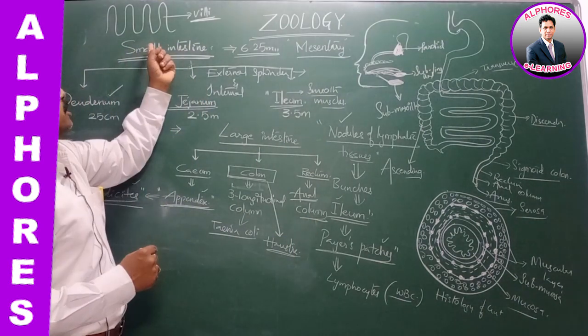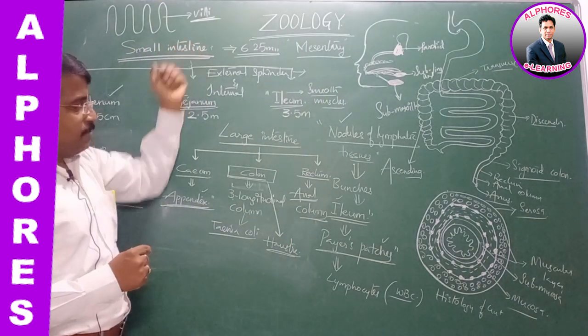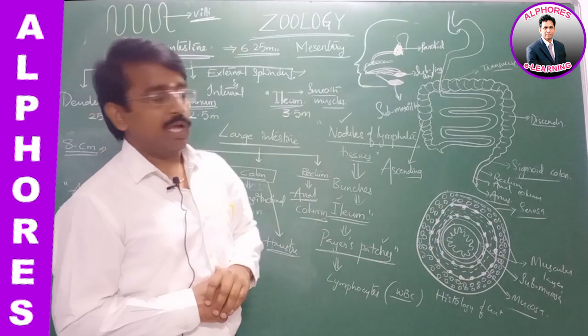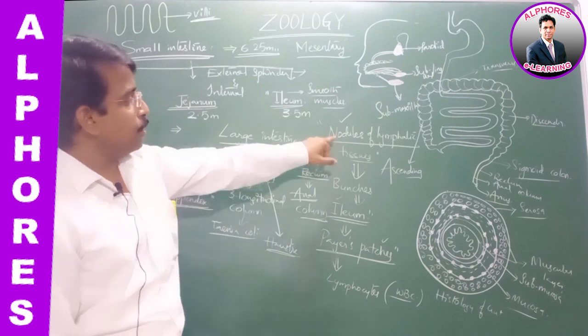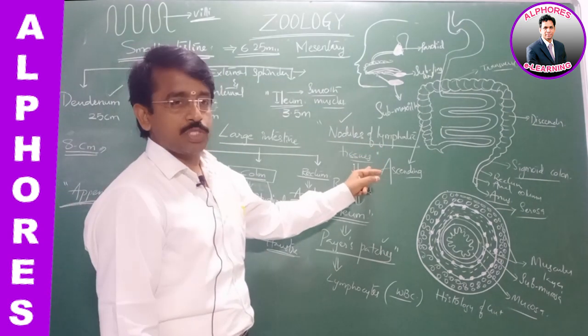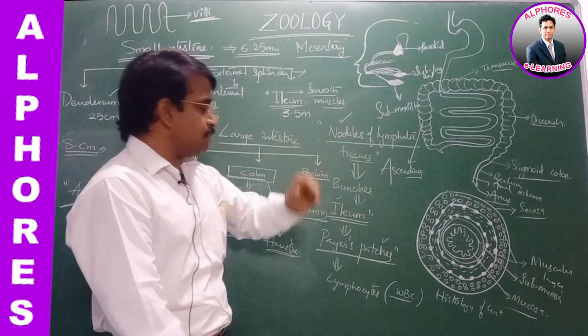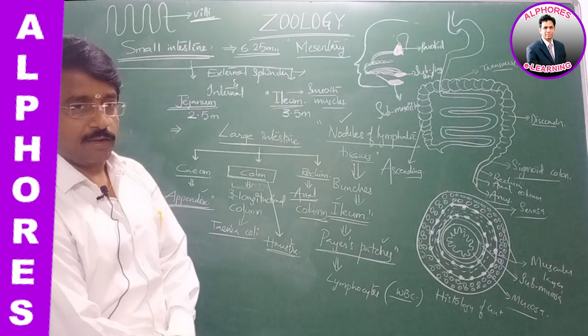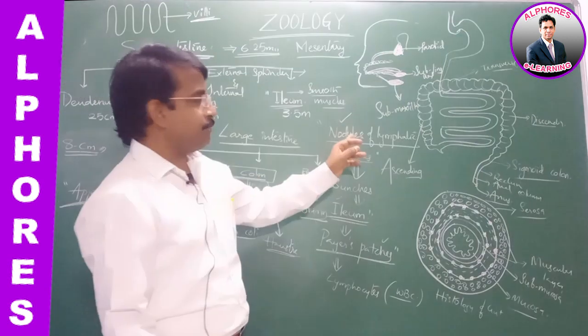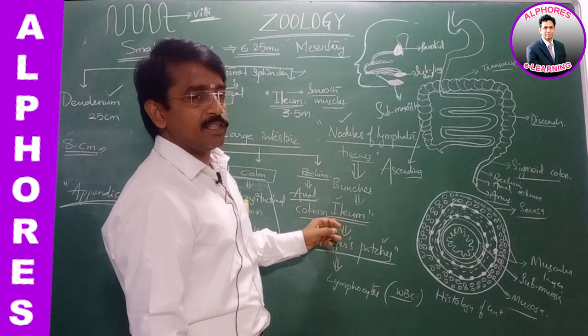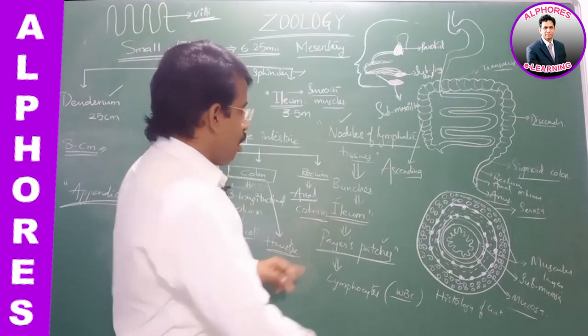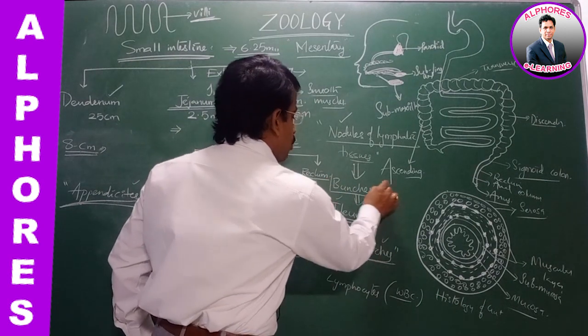Next, in the small intestine, there are nodules of lymphatic tissue present all along its length.